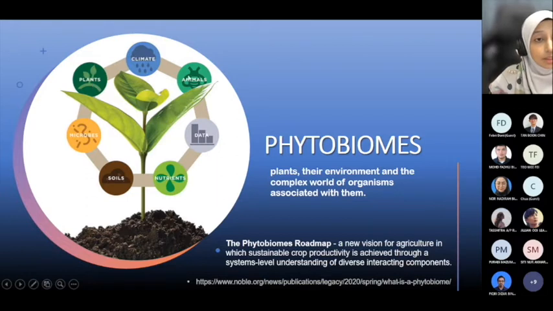So looking at this cycle or diagram here, plants, of course, are part of the phytobiome, and then the climate, the environment, and animals, meaning any small animals like insects that can cause disease and affect the yield and productivity of crops, are also part of phytobiomes.